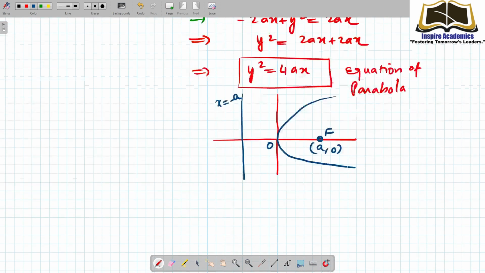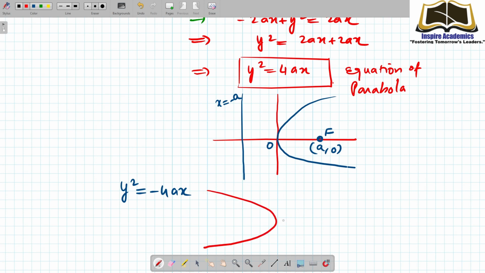Similarly, y square is negative 4ax. It would be like, the figure would be like this. X-axis symmetry रहेगी, and directrix would be shifted towards this side.